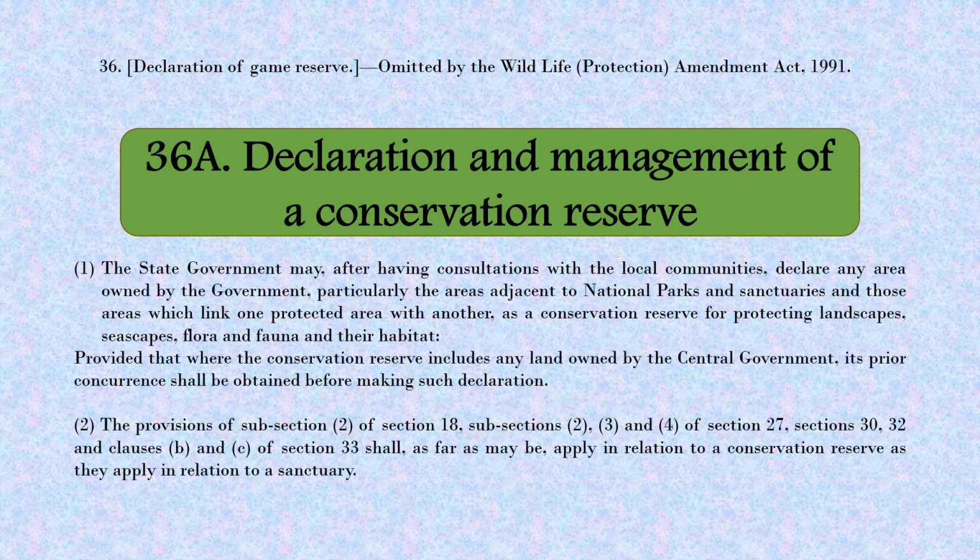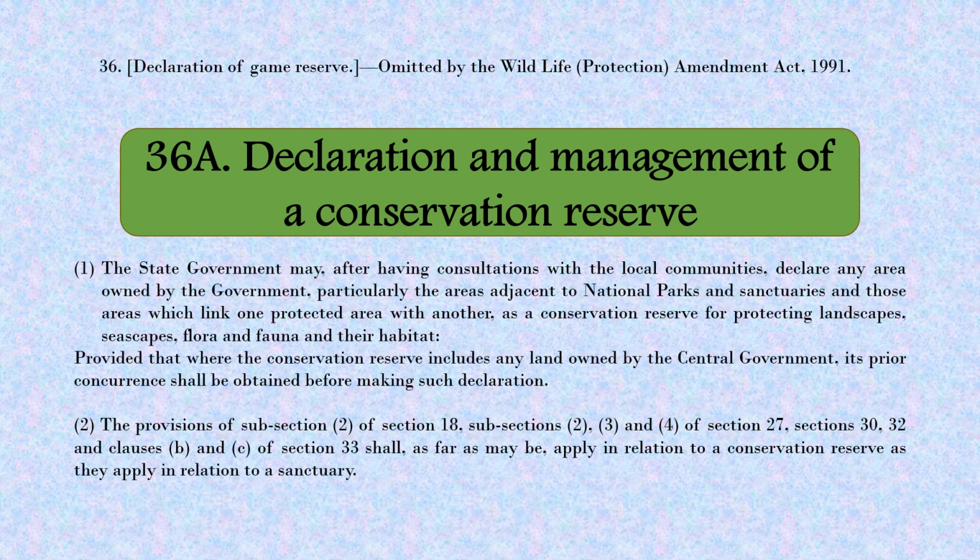Now, Section 36 was about declaration of game reserve, which has been omitted by the Wildlife Protection Amendment Act 1991. Now, the next section 36A deals with the declaration and management of a conservation reserve.